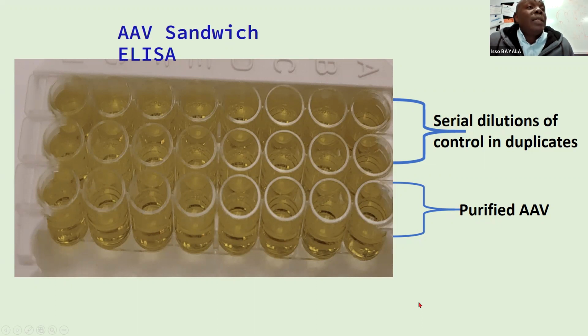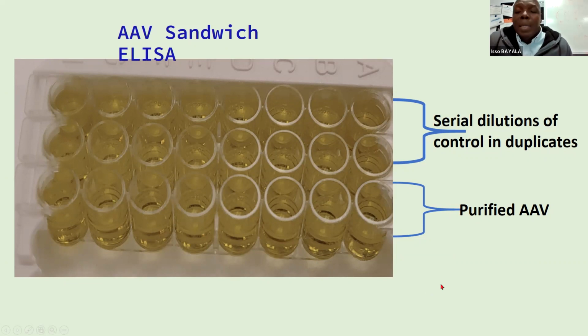We did a serial dilution, duplicated each dilution, and ran it. On the bottom row, we put the same amount of the purified sample, to get many results that can be used to statistically calculate the average of the detection.